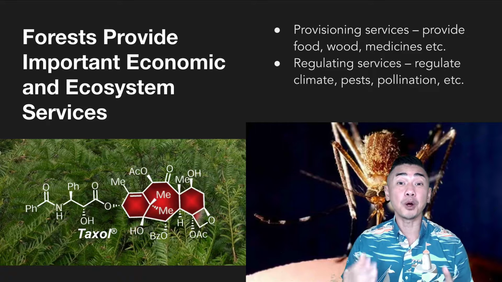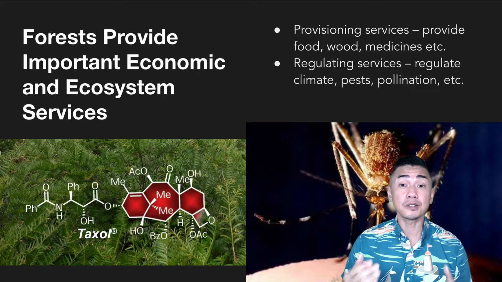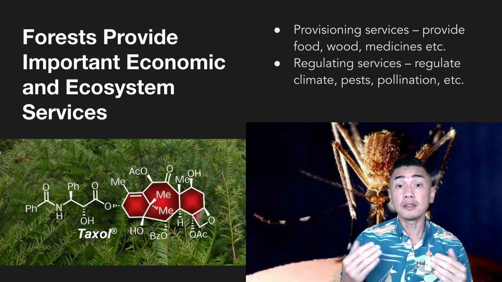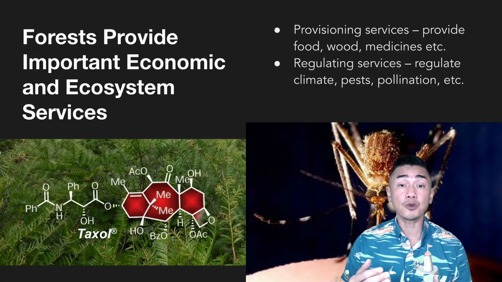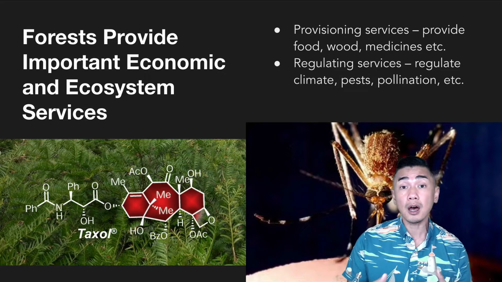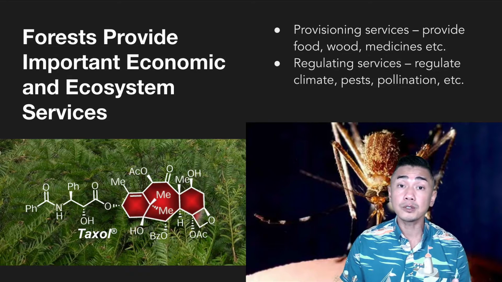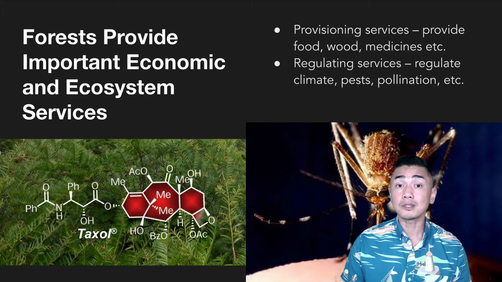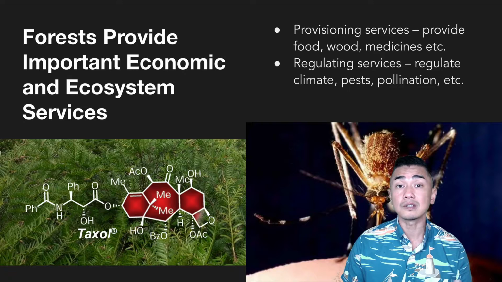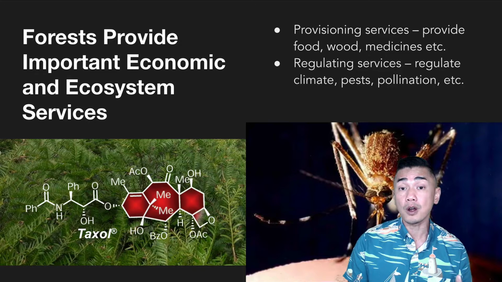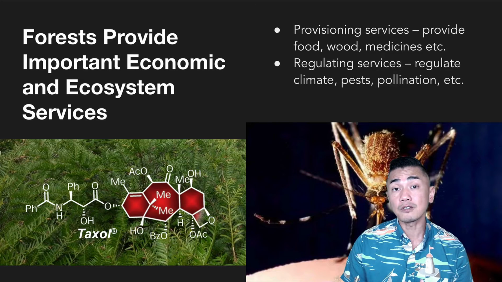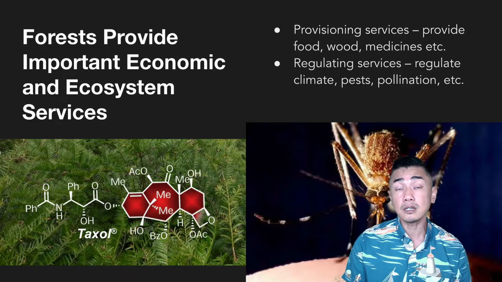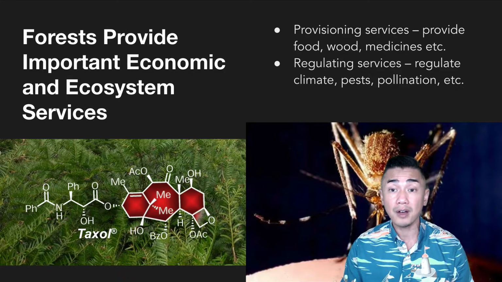Forests provide both economic and ecosystem services. The economic services that forests provide include the jobs that they create and the resources that can be bought and sold. There are 4 types of ecosystem services, and forests provide all 4. Provisioning services are the goods that an ecosystem produces or provides.